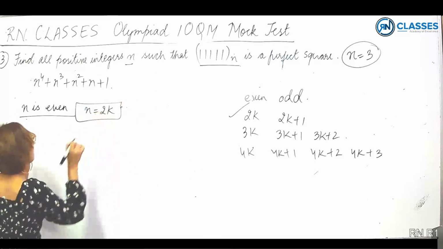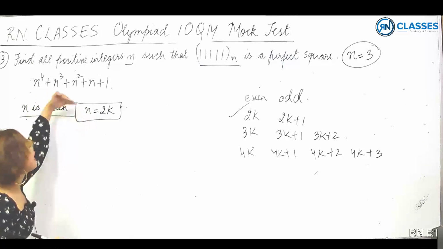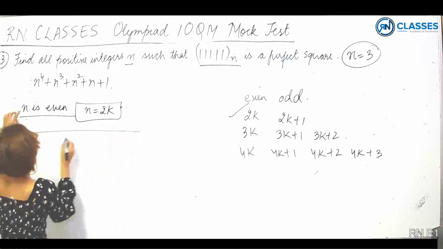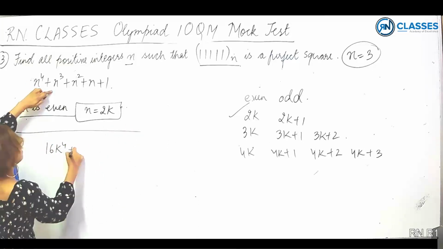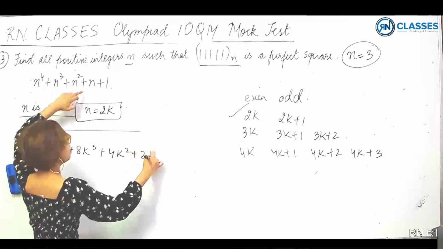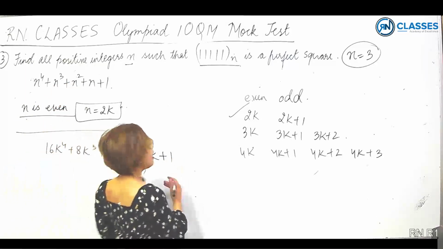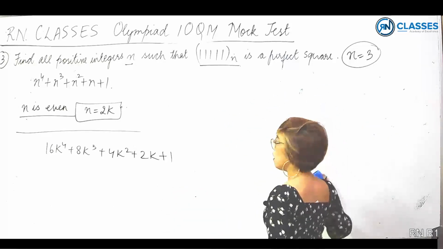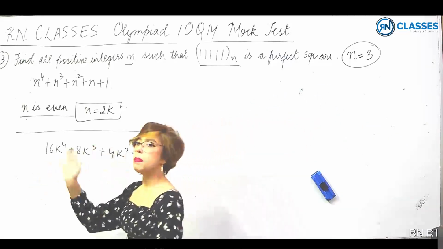Let me study what happens to this polynomial when I substitute n as 2k. So it will turn out to be 16k raised to 4 plus 8k cube plus 4k square plus 2k plus 1. Right? I need to study for what values of k it becomes a perfect square.